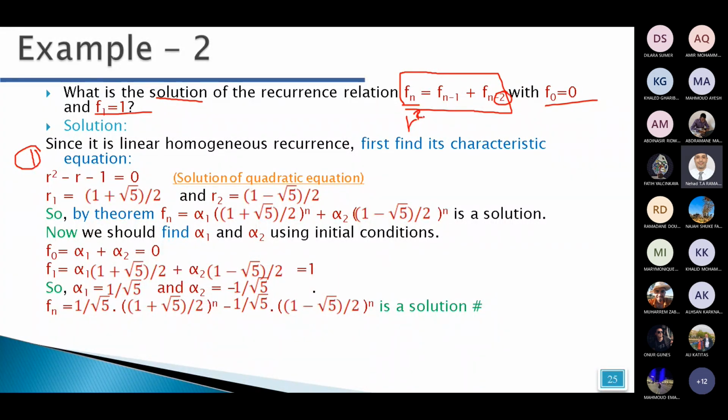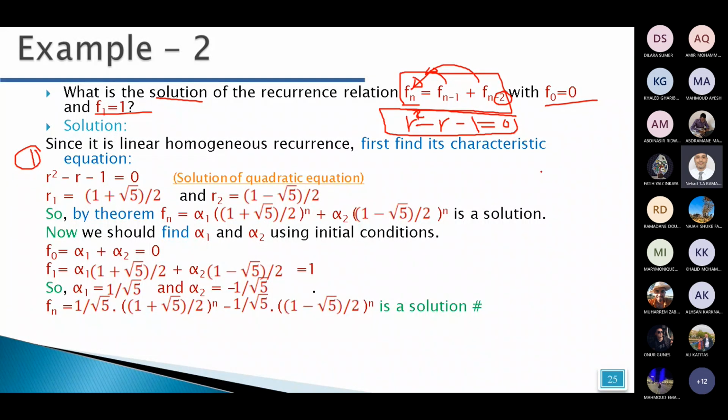So R power 2 minus R power 1 minus 1 equals 0. This is the characteristic equation. Is it a perfect square? No. Difference between perfect squares? No. So you can use the general solution.